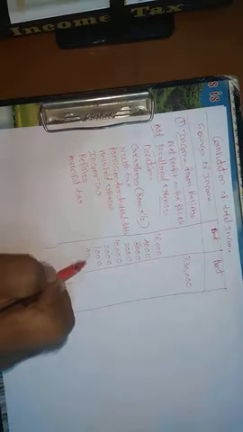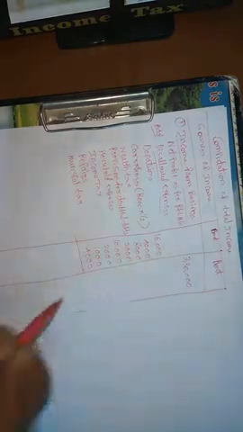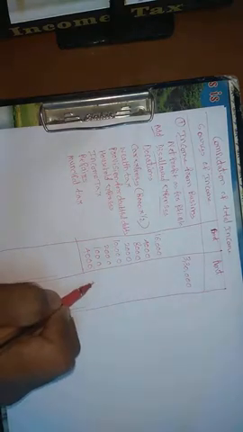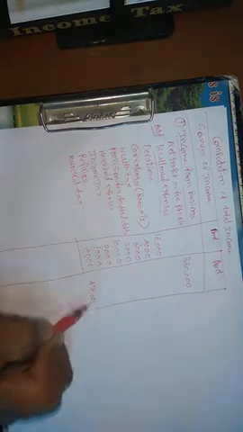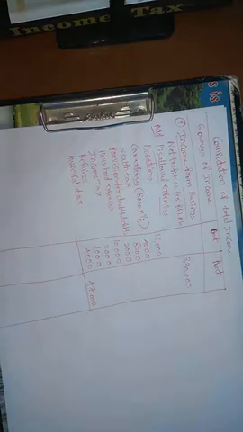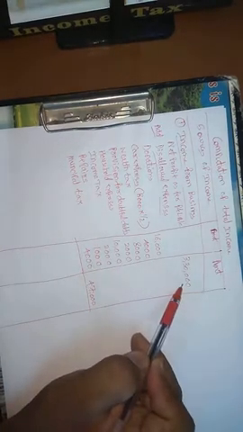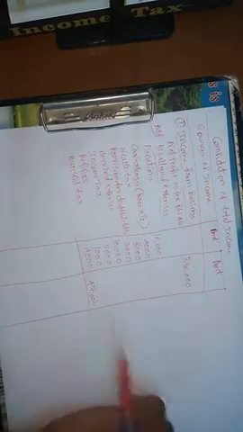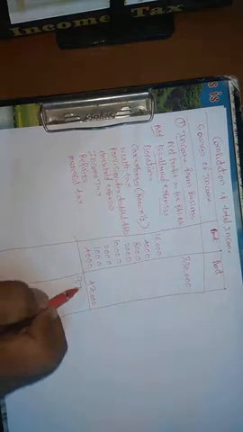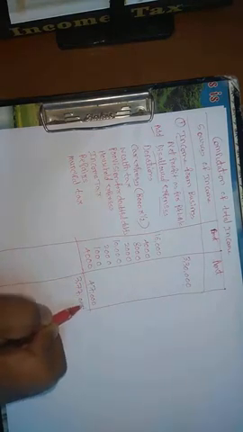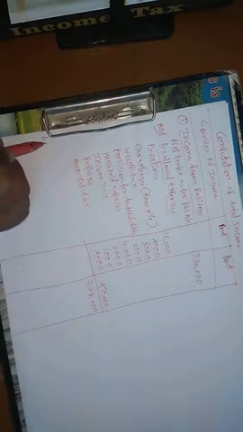So 4,000. These total expenses are disallowed. When we total them, the total disallowed expenses is 47,000. Now 3,30,000 plus 47,000 gives 3,77,000.